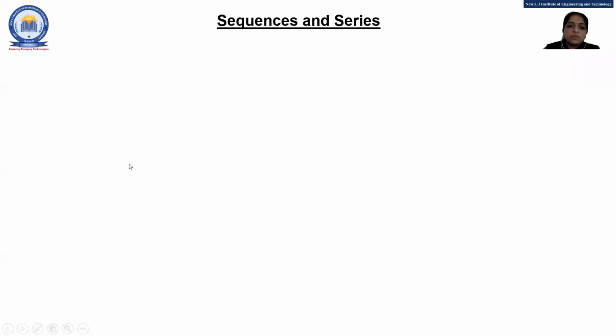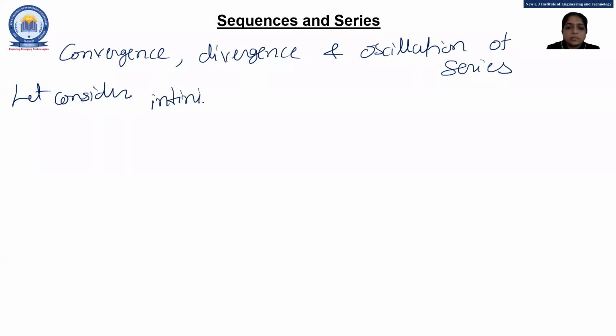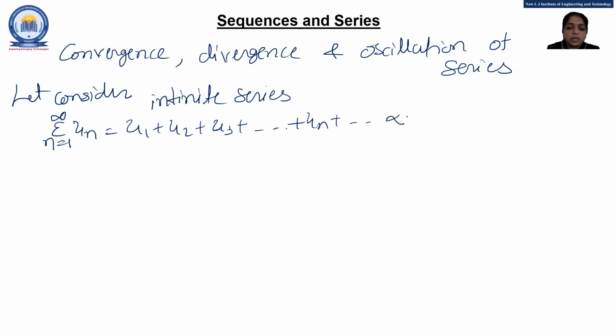Now for the convergence, divergence and oscillation of a series, let's consider an infinite series, summation n equals 1 to infinity of un, equal to u1 plus u2 plus u3 plus up to un and so on up to infinity.